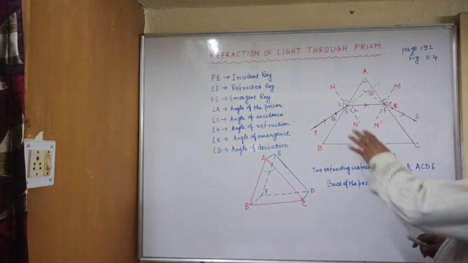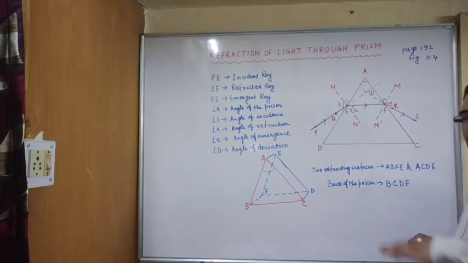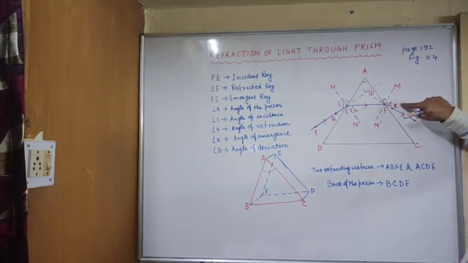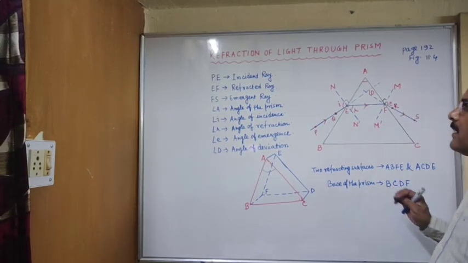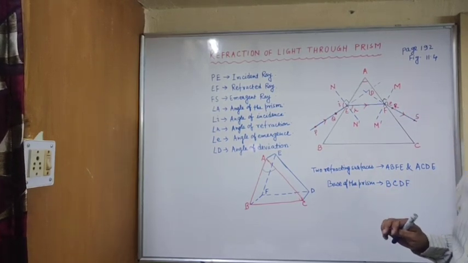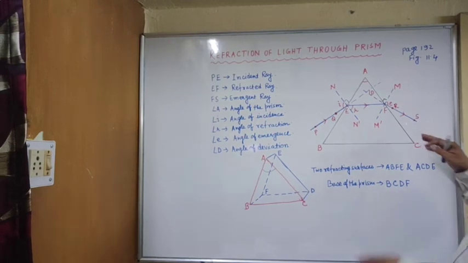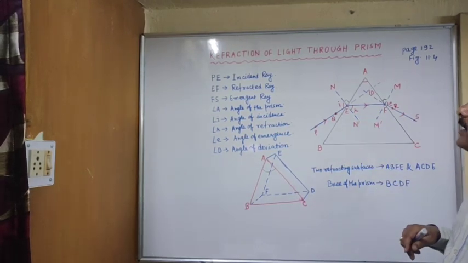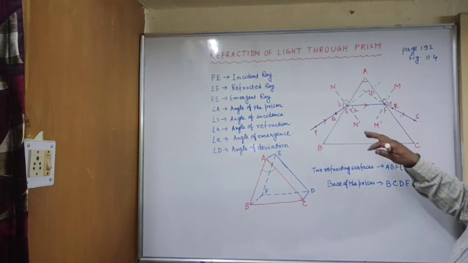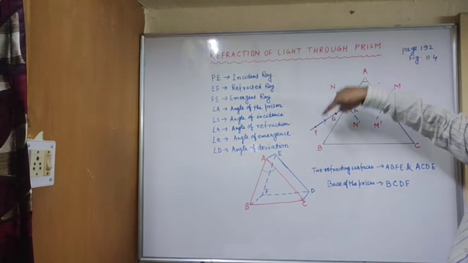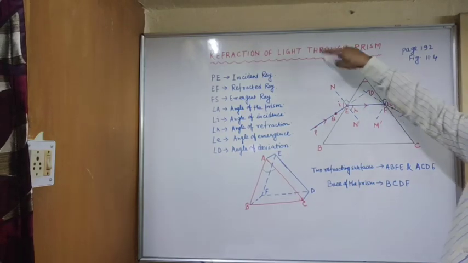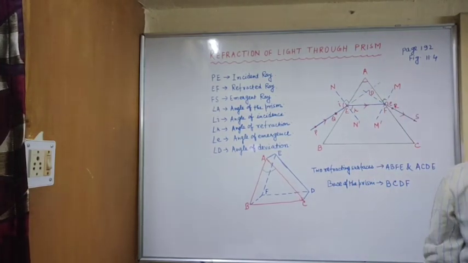So actually if you fix the pins, the positions of R and S will be here. In the actual diagram they are not in a straight line, but when you see through the glass prism, you will find that due to refraction it appears that all four pins P, Q, R and S are in a straight line.